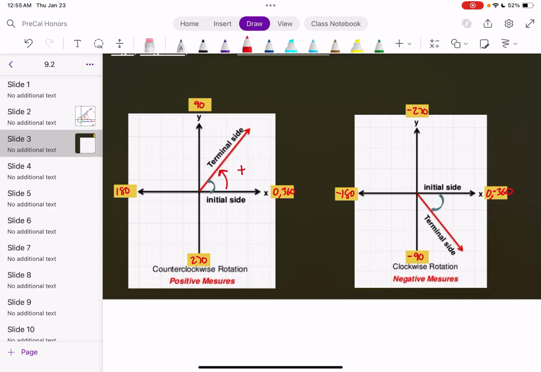This is extremely important because the direction in which you have your initial side and the direction that it goes in will determine whether it is a positive or a negative degree or radian that you are referencing.